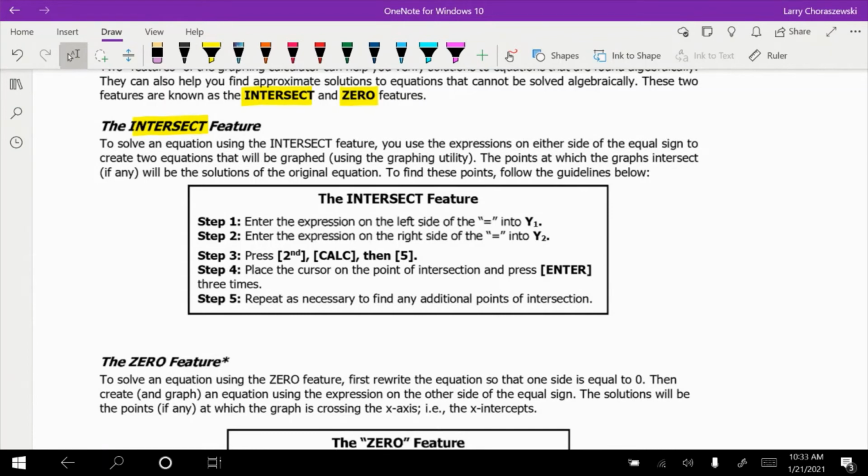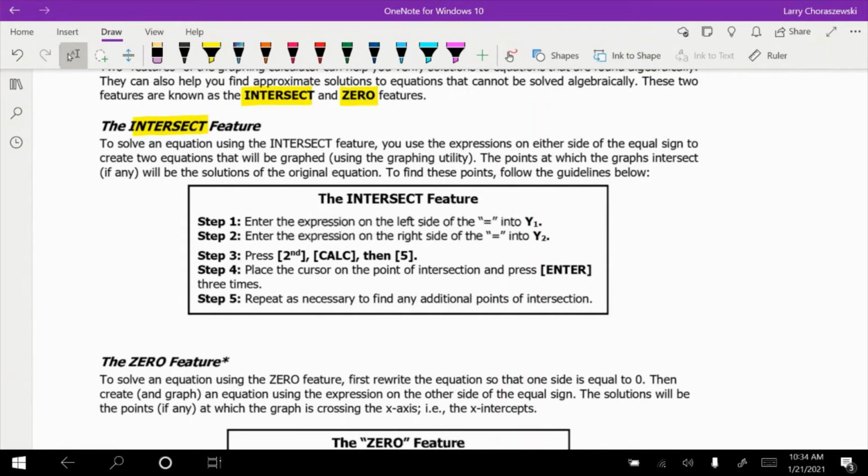And the intersect feature basically is a process in which we find points of intersection, which is why it's called the intersect feature. And it requires two equations. All right, so we take one side of the equation, define that as our y1, and we take the other side of the equation and define that as y2. And when those graphs are plotted together on our calculator, we look for any points where they might be crossing each other.